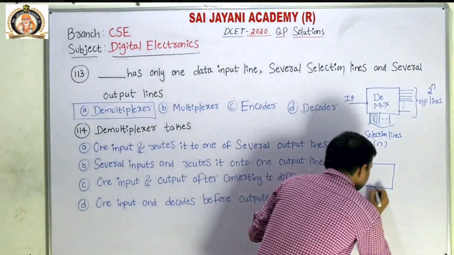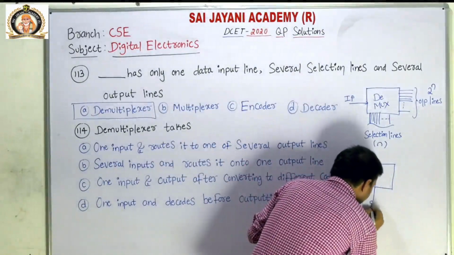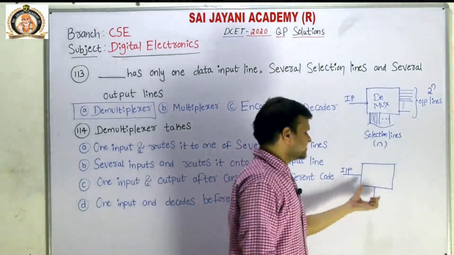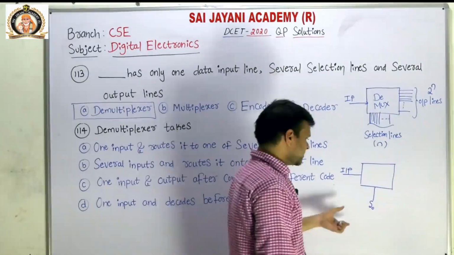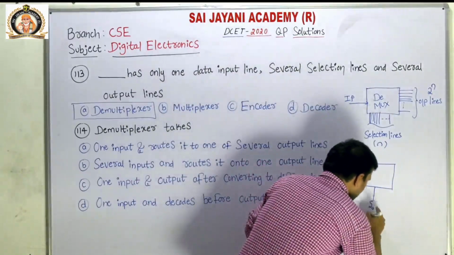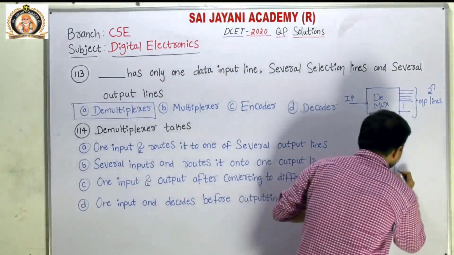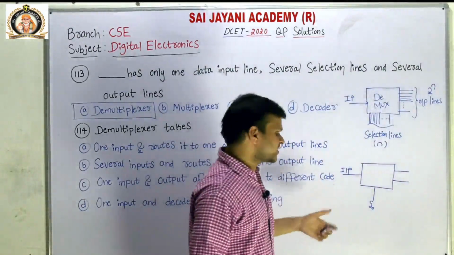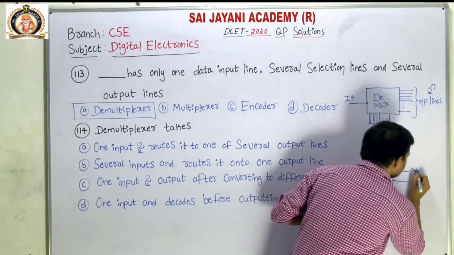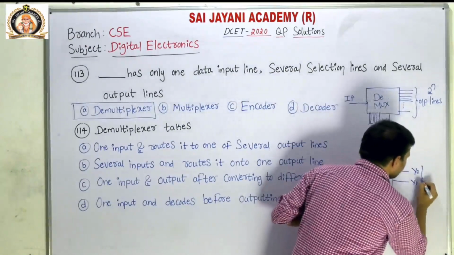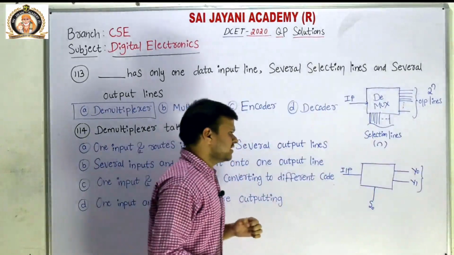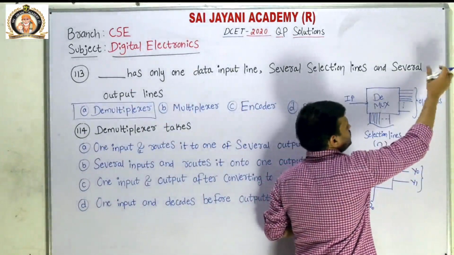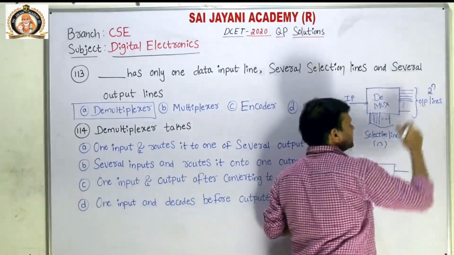If there is a single selection line, we call it as S0. Here we are having single selection line. That means here n is equal to 1. So at the output side we are getting 2 output lines, that is Y0 and Y1. Why? Because for n number of selection lines, we have to use 2 raised to n output lines.